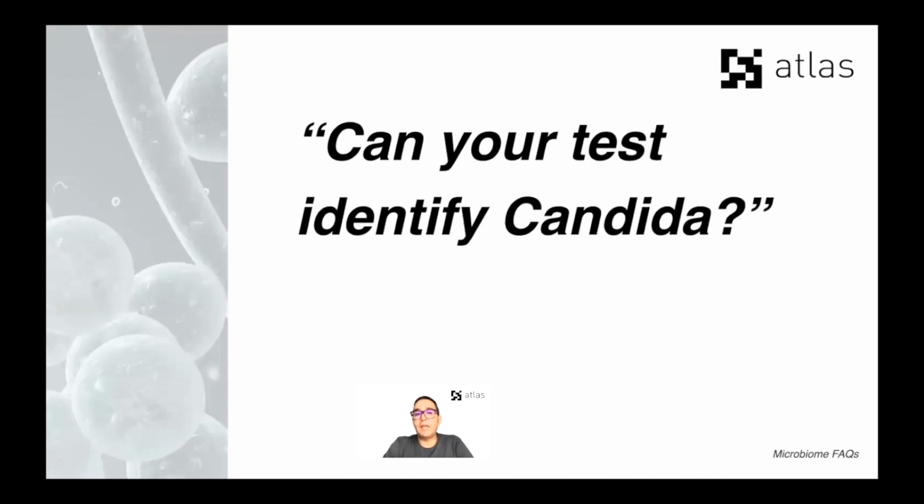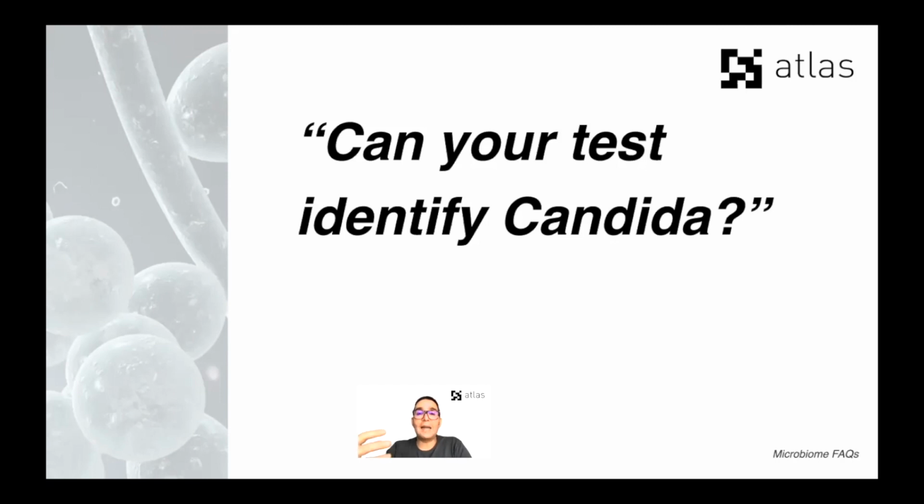So when we get the question, can you test to identify candida? The answer is, at the moment, no, but everything changes in science so rapidly that there has now been a way to utilize the way of working with bacteria with other microorganisms, such as candida, for example, or such as parasites like Blastocystis, which is something that pops up in the human gut a lot of times, or Dientamoeba that, again, pops up in the human gut very frequently.